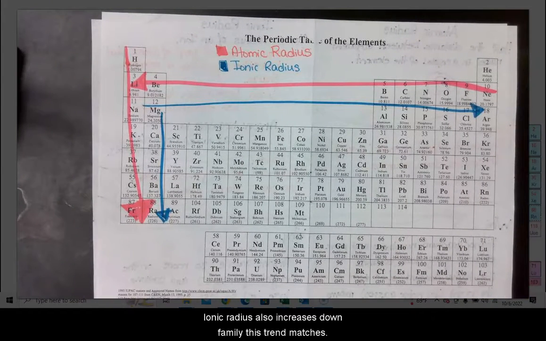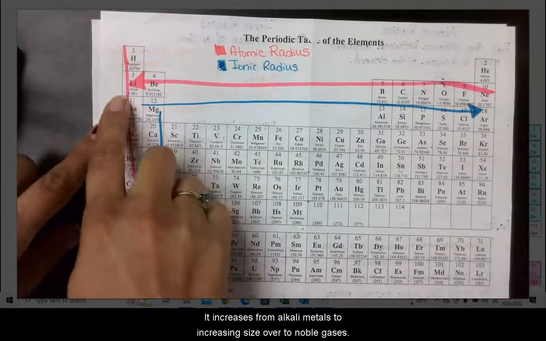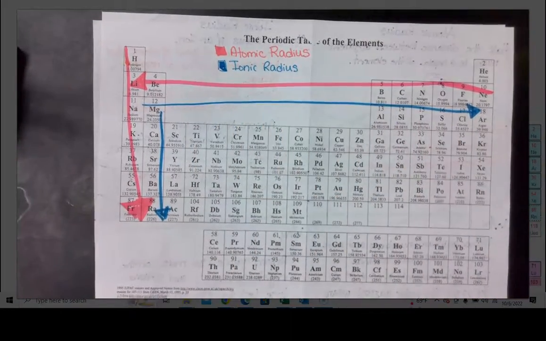Ionic radius also increases down families. This trend matches, but it increases from alkali metals over to noble gases.